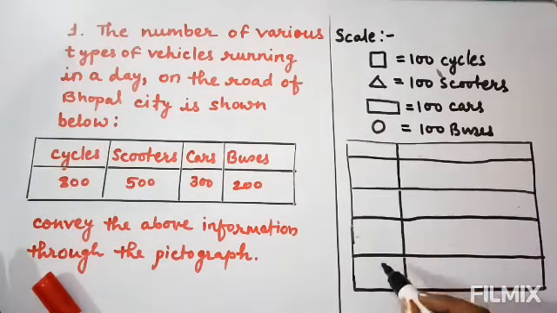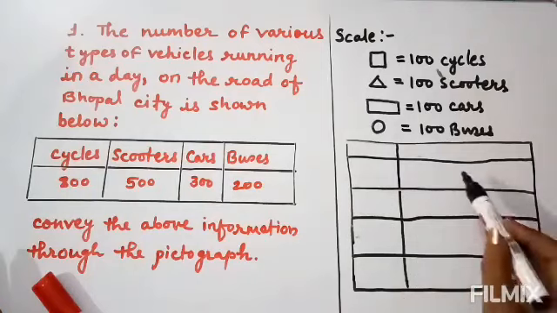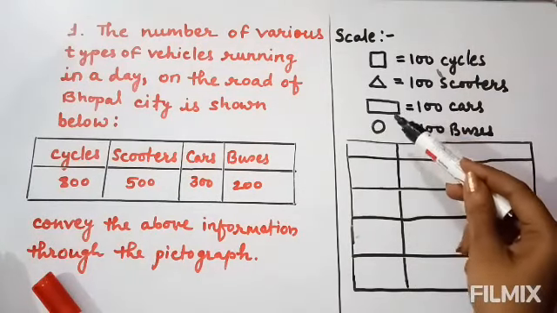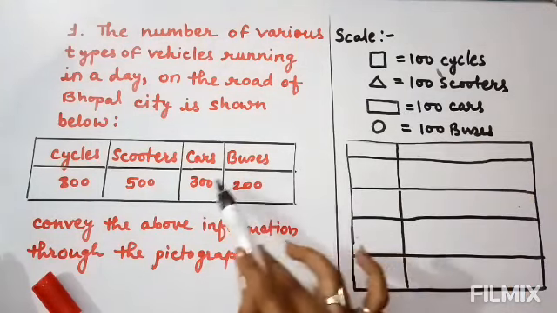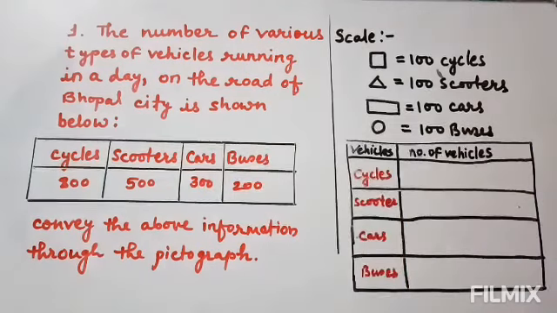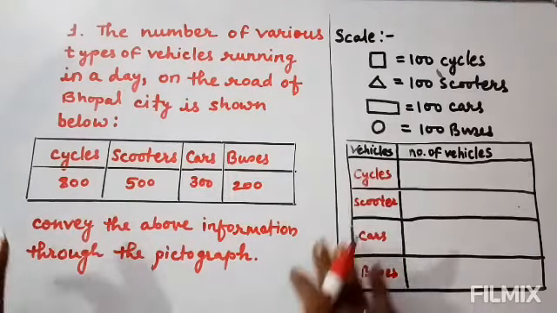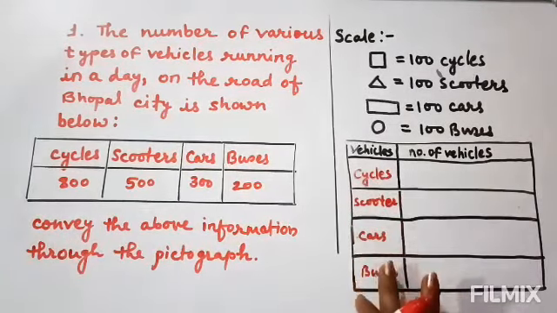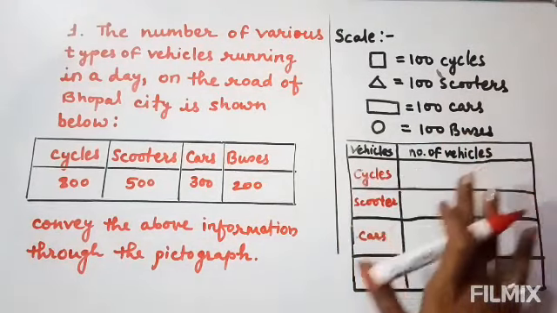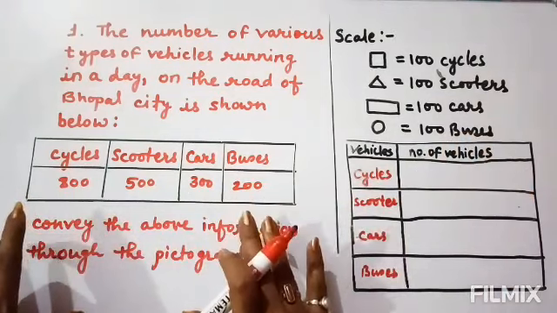In this column we will write the name of the vehicle, and in this column we will present the symbols, representing the numerical data through these symbols. Now look at this. I have written the names of the vehicles here. Now I am going to present the symbols for this numerical data.